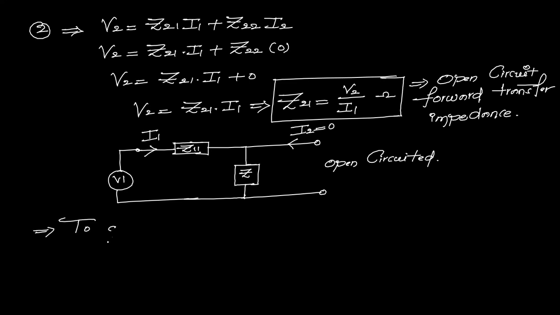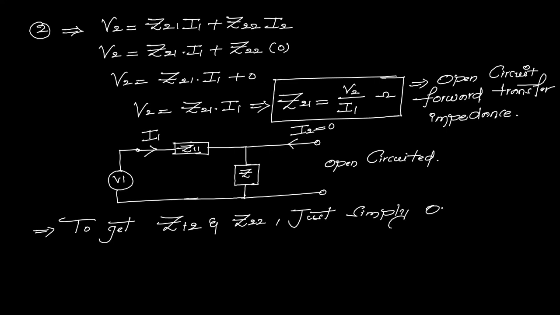So to get Z12 and Z22, just simply open circuit port 1.